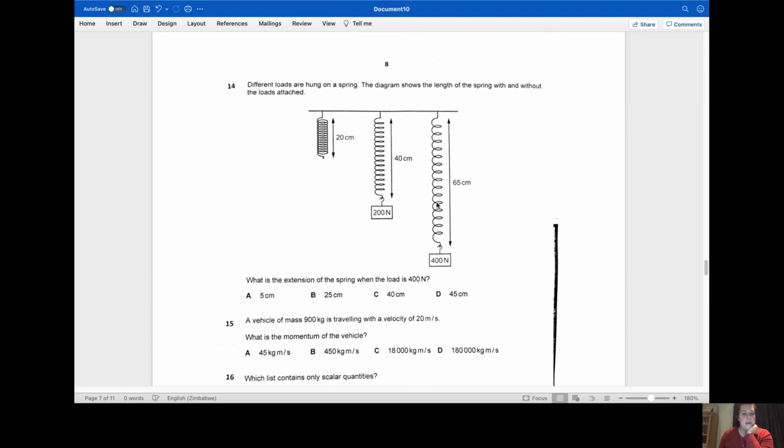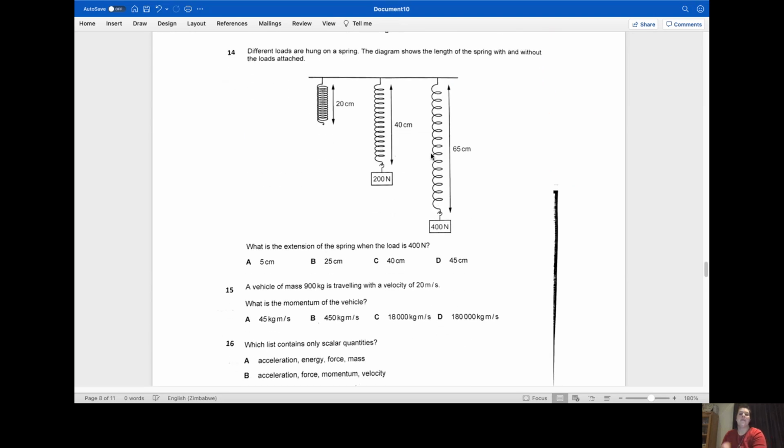Right, question 14. Now we're looking at a spring, so you should be thinking in your head, Hooke's law. The diagram shows the length of the spring with and without the loads attached. That is important because you're going to need this length. What is the extension of the spring when the load is 400 newtons?